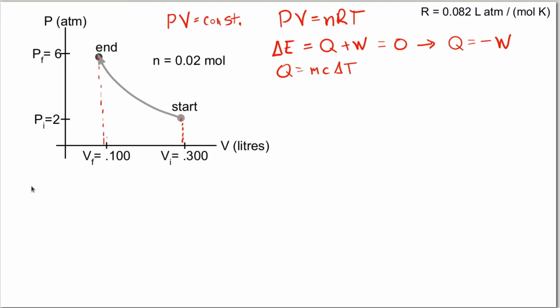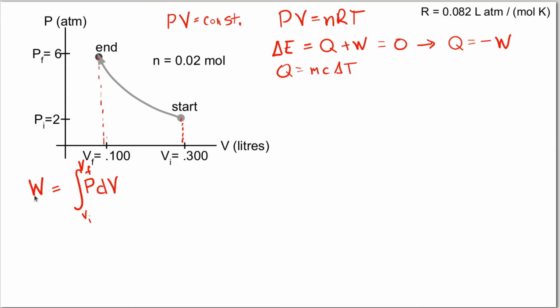Now what is work? Remember that work is the pressure times the change in volume over the course of this procedure. And pressure here is a function of volume. We'll see how to get that from this relationship. But we need to add up all these bits of change in pressure as the volume changes. So we're going from our initial volume, V initial, to our final volume, V final.